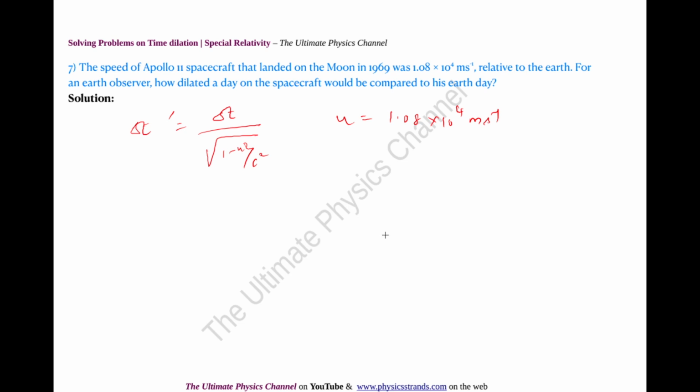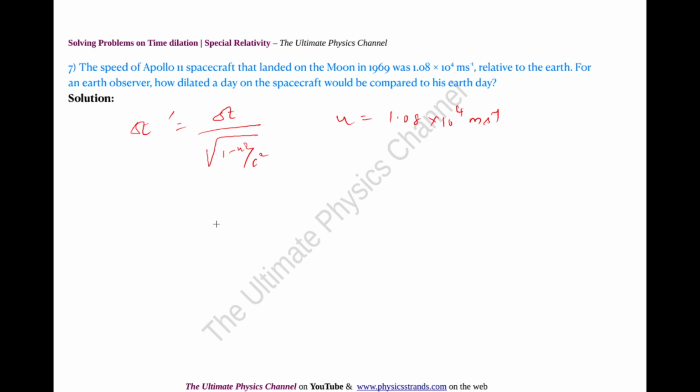So if we plug in these numbers, let us say 1 second, just to see how much a second is gaining on the spacecraft.